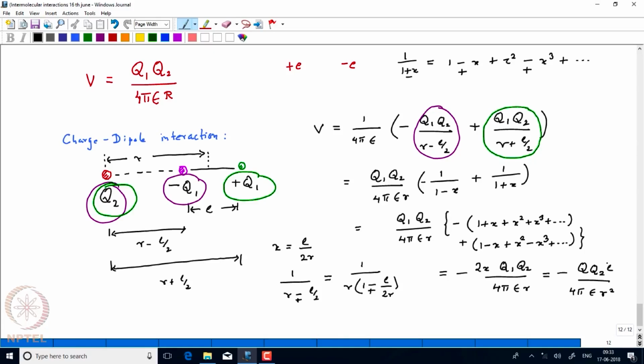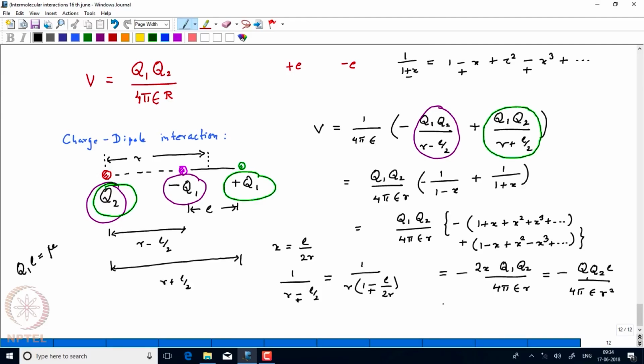And then we know that this Q1 times L is nothing but the dipole itself, and then we can actually replace it by mu.